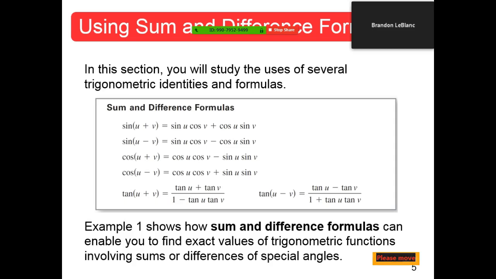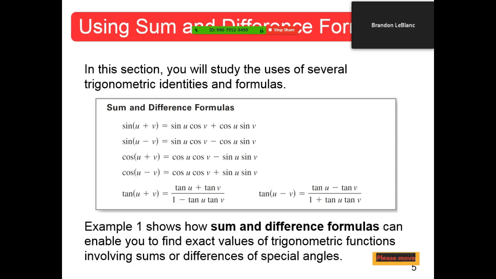Now, what we're going to do is show how the sum and difference formulas can enable you to find exact values of trigonometric functions, not approximate values, exact ones involving sum and difference of your very special favorite angles, okay?